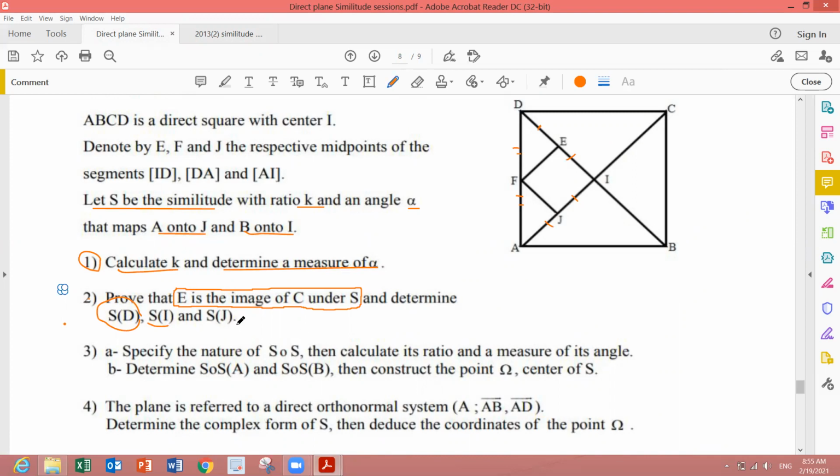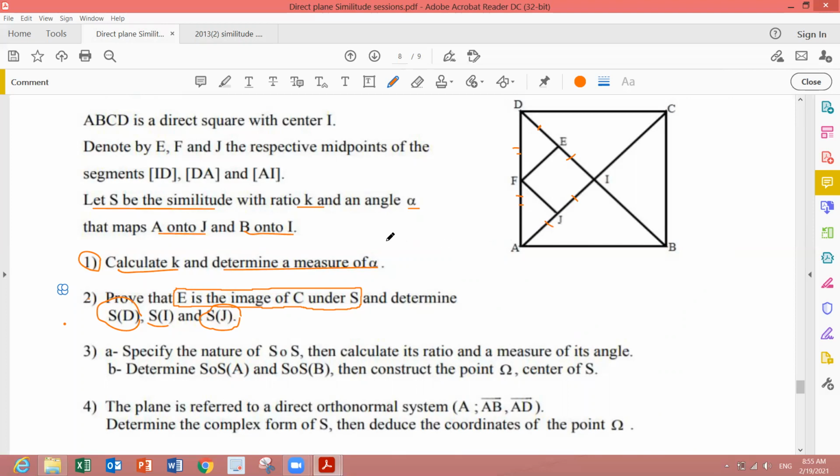Still we have one point, which is to calculate S of J. How to calculate S of J? J is the midpoint of AI. So S of J will be the midpoint of S of AI.